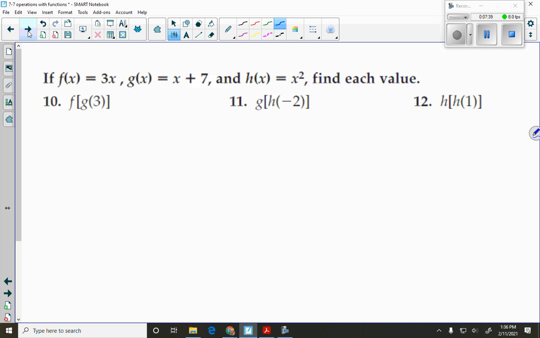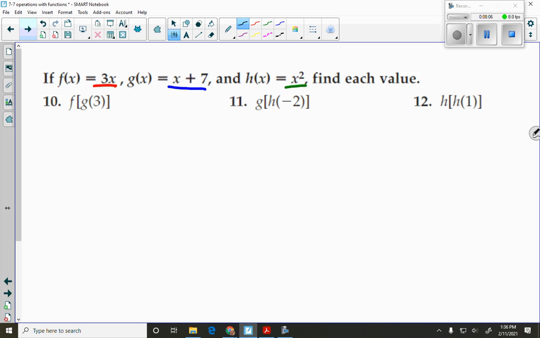All right, so what happens if I have an f of g of 3? Well, there's two ways you can do this. What it's really saying, so if f of x is 3x, and g of x is x plus 7, and even if we do have an h of x, the f and g tell me which equations to use.